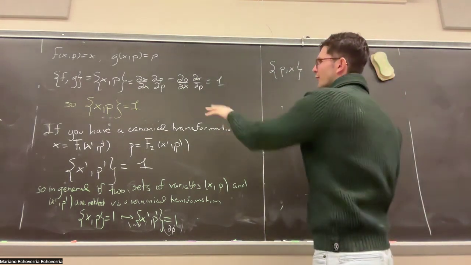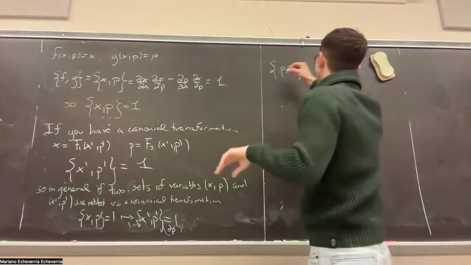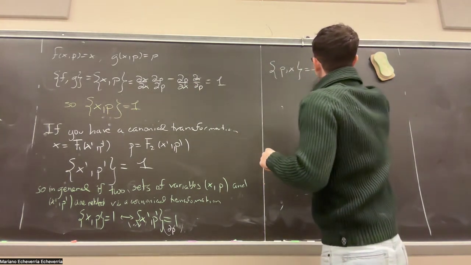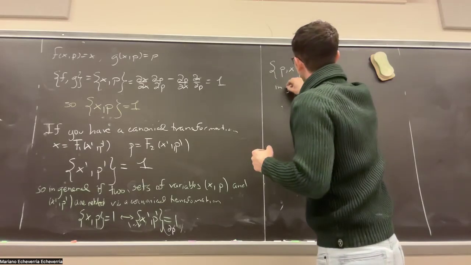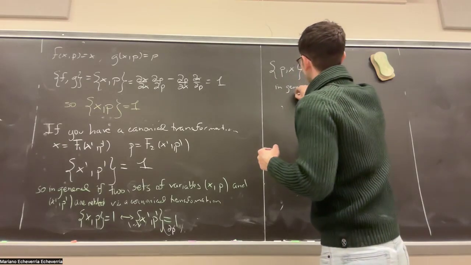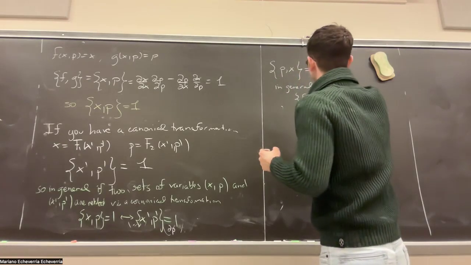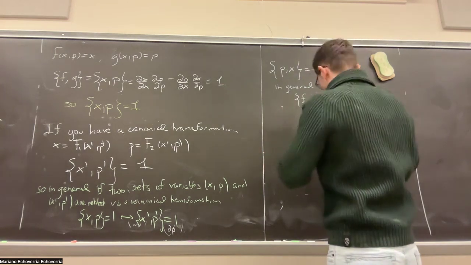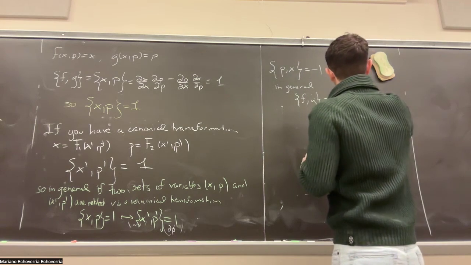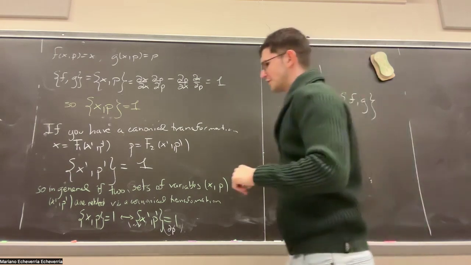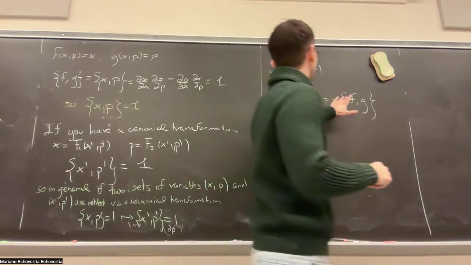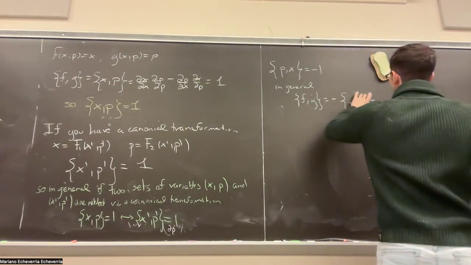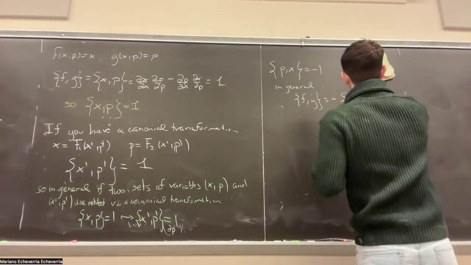You can check it from the formula, but from here everything gets reversed. And in general, not just for these two particular ones, the Poisson bracket of f and g is negative the Poisson bracket of g and f.